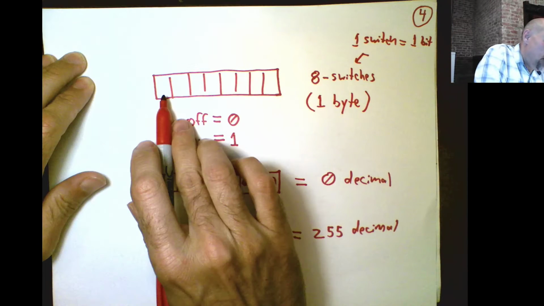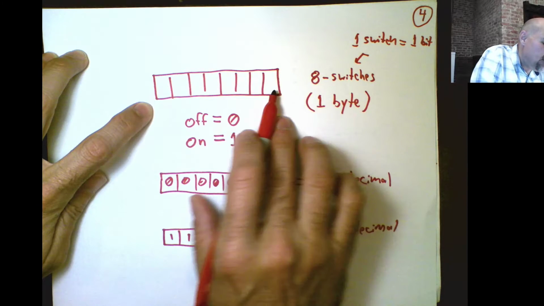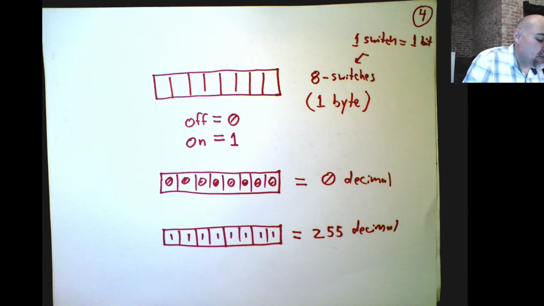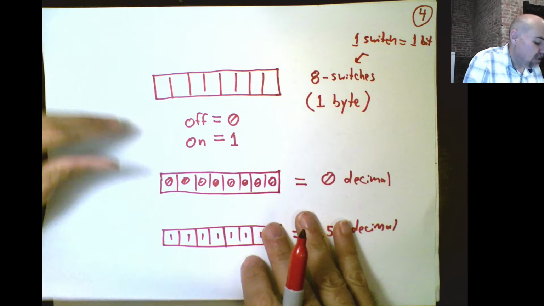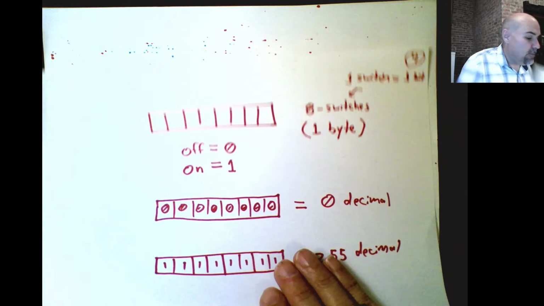So this is an 8-bit block, and 8 bits together as a group are termed a byte. So in other words, 8 bits equal 1 byte. And we'll come back to those definitions a little bit later on. Okay, so going to page 5 here.